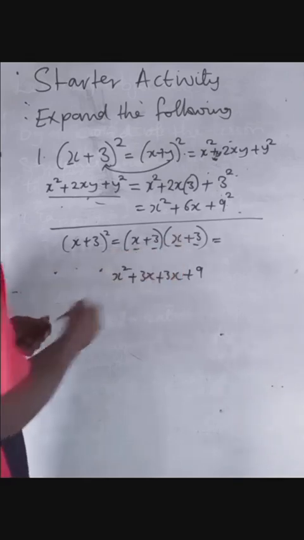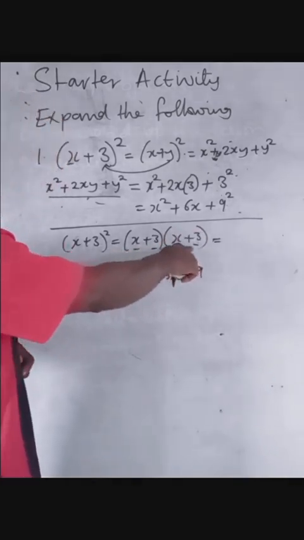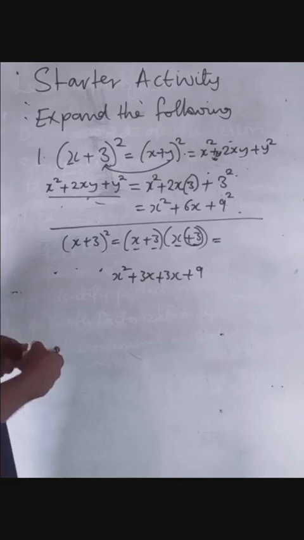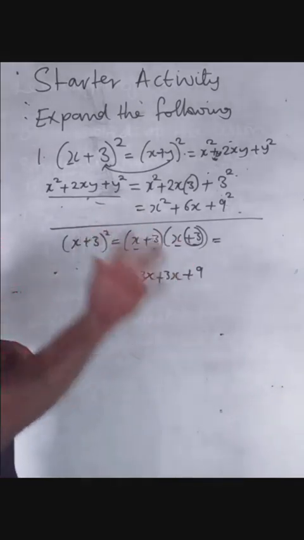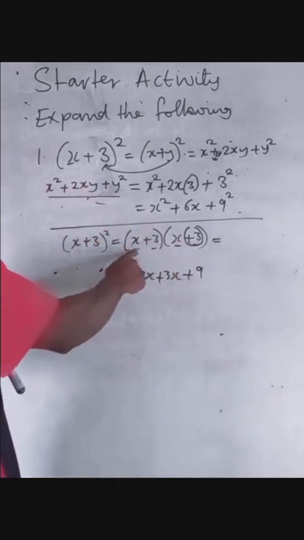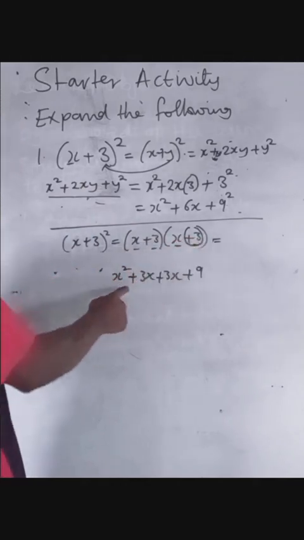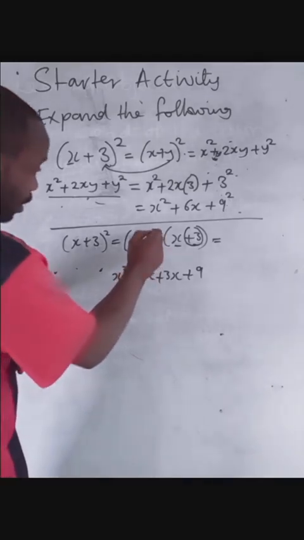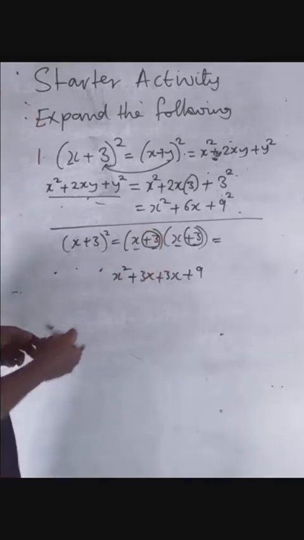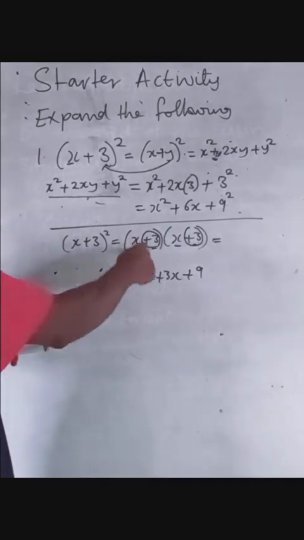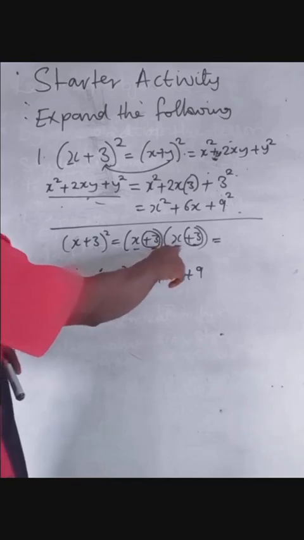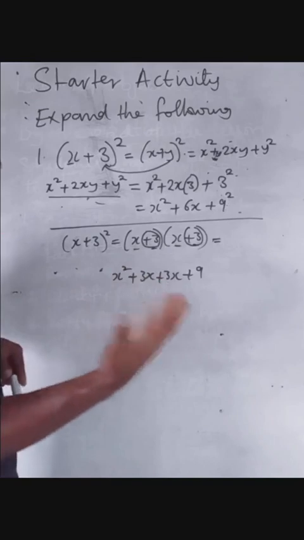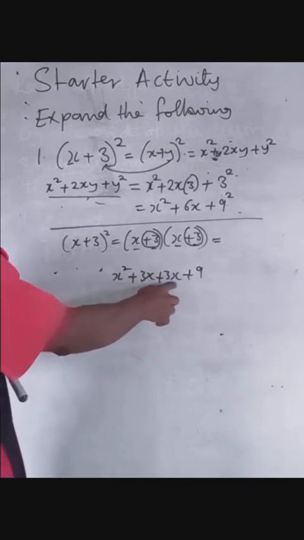Remember I told you that this positive sign is attached to this 3. So this positive sign will always follow 3. So x multiplied by plus 3 is plus 3x. Now this positive sign is also following this 3 here. Plus 3 multiplied by x is plus 3x.